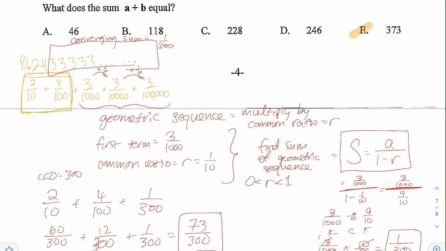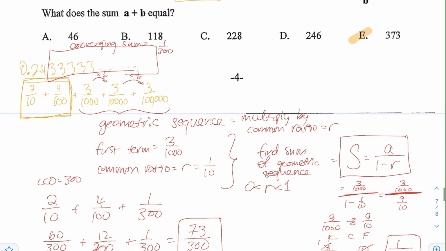So that's going to be a over b. So a over b will be 73 over 300, and when you do a plus b, that's going to be 73 plus 300, or choice E, 373.